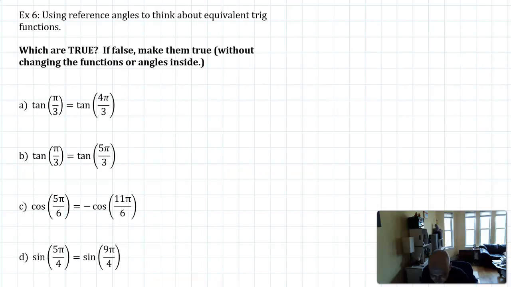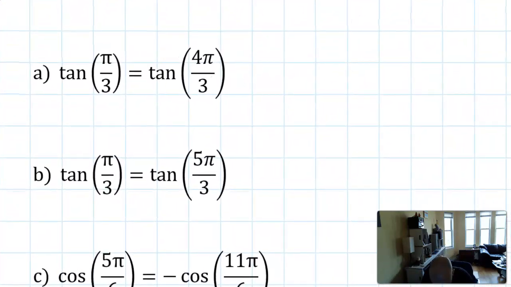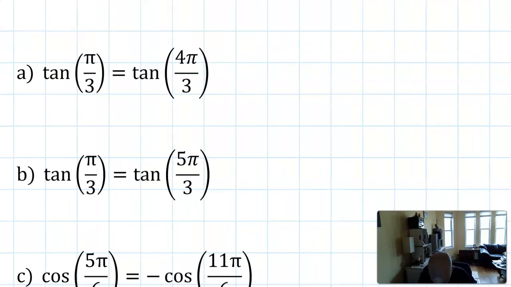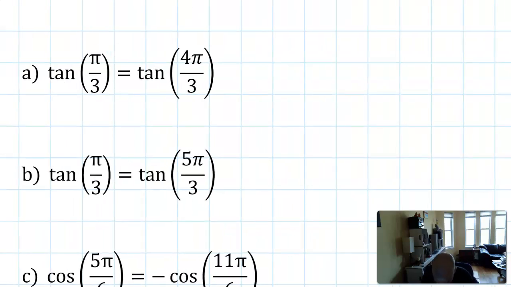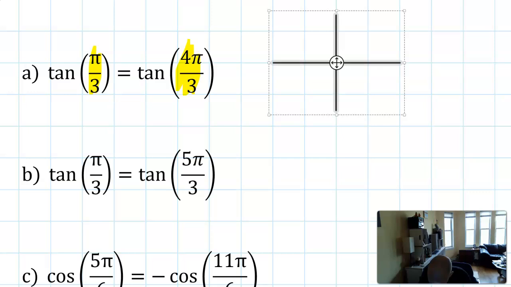If false, fix them without just changing the angles or functions to something completely different. So we're going to go one by one. First is about pi over 3 and 4 pi over 3, and also about tangent. So we're going to use everything we learned from this section. So the first thing that we're going to do is draw the angles. So pi over 3 is up here, and 4 pi over 3, that's down here in this quadrant.